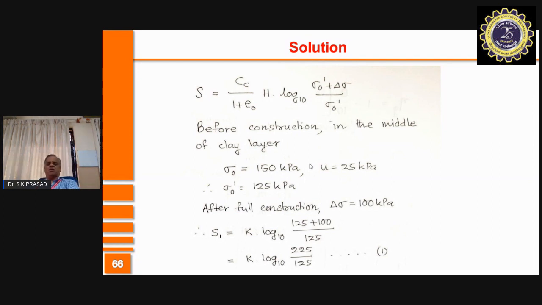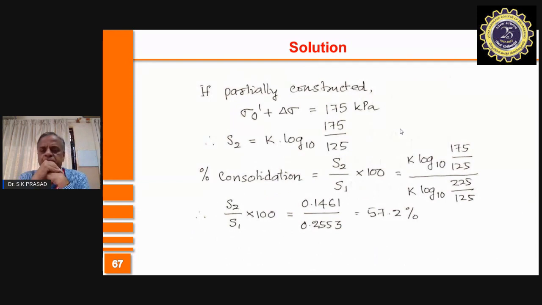Therefore, I just call all of them K, into log to base 10 of sigma naught dash, which is 125, plus delta sigma, which is 100. Therefore, 225 by 125, and S1, the settlement when construction is complete, is given by K into log to base 10 of 225 by 125.